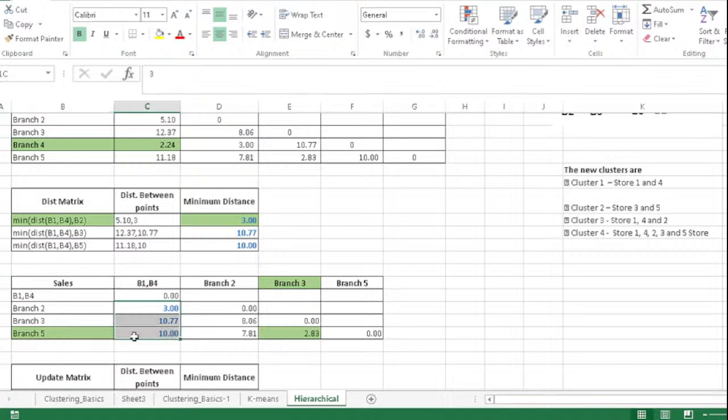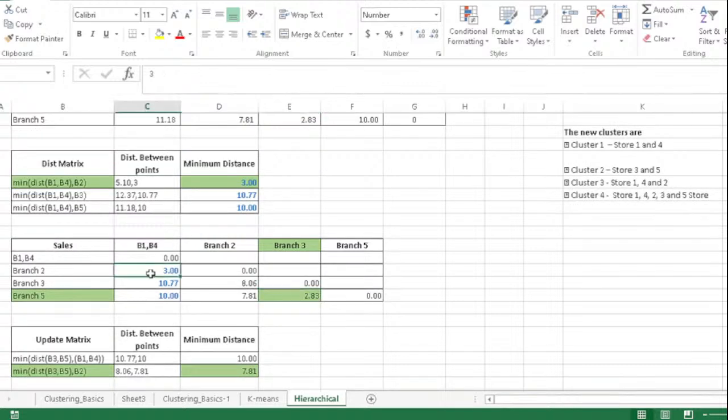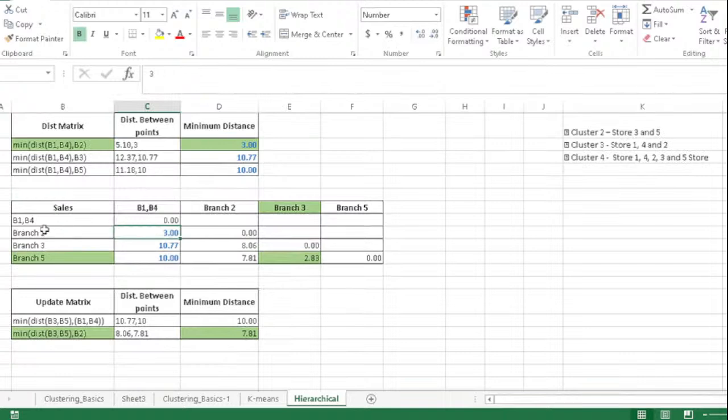I bring the minimum distances of 1 and 4 with all the three, 2, 3 and 5, and the rest are the distances which were already there: 2 and 3, 2 and 5, and 3 and 5. And then I create again a distance matrix and repeat this exercise. Find the smallest one. 1 and 4 is this, and then I find the smallest, 2.83: 3 and 5. I club them together.